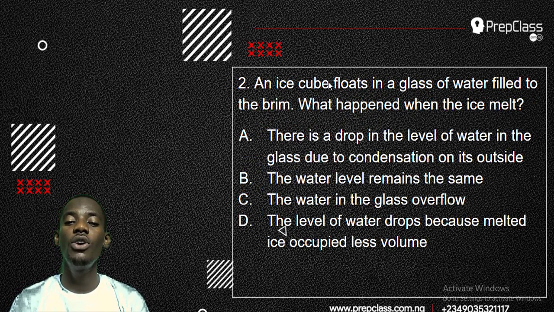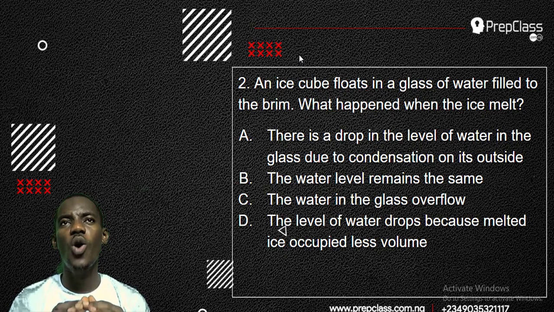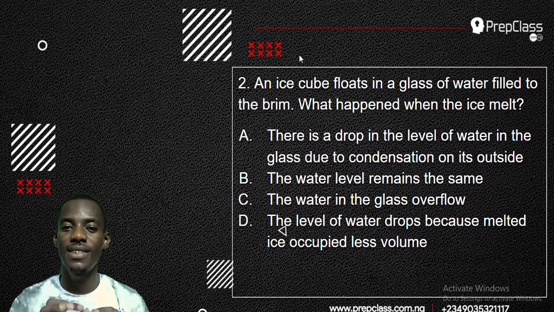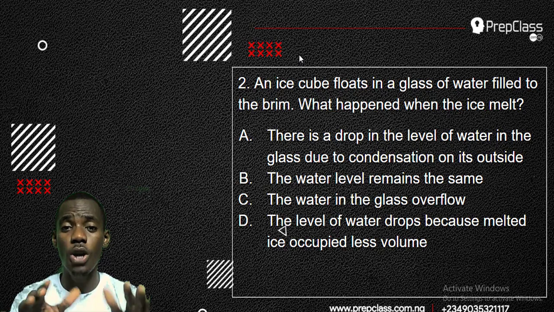Number 2 says an ice cube floats in a glass of water filled to the brim. What happens when the ice melts? If you have a cup of water filled up to the brim and you have ice in it, that means there's no space in the cup again.